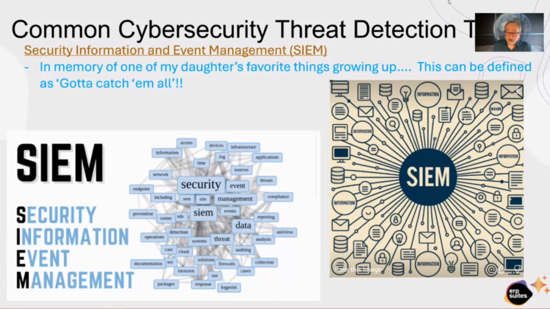So we will have firewalls feeding into this. We will have network switches feeding into this. We will have endpoints feeding into this. All of our different other tools that have been mentioned should be feeding logs and alerts into this system.